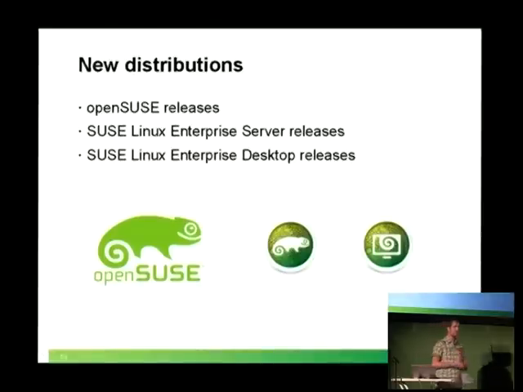So the first thing which comes to my mind is the support for new distributions. We support 2 different distributions. First is openSUSE, and second is SUSE Linux Enterprise. What we try to do is to release support for both of those distributions as soon as possible. Sometimes we make it on day 1, sometimes it takes a bit longer.